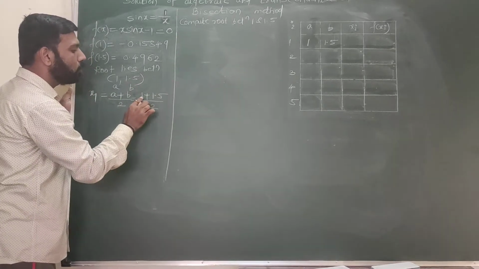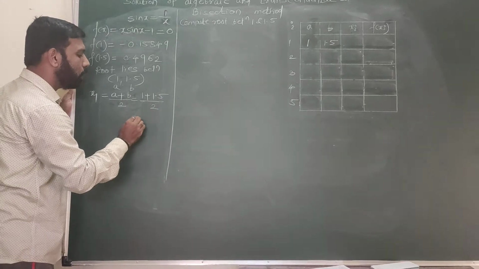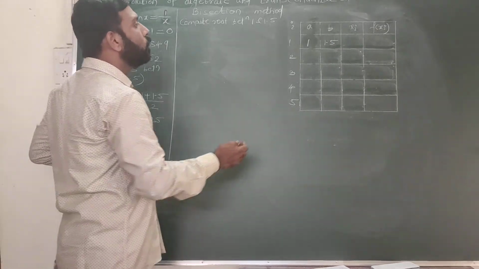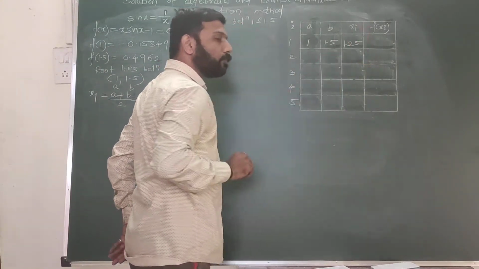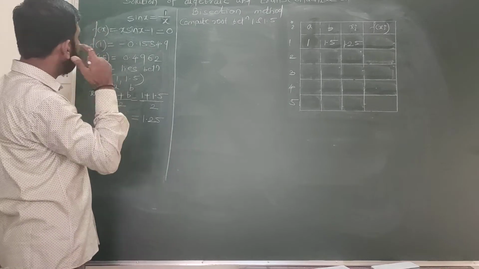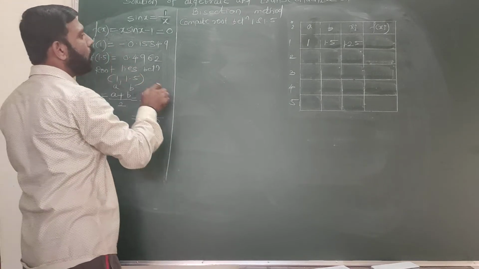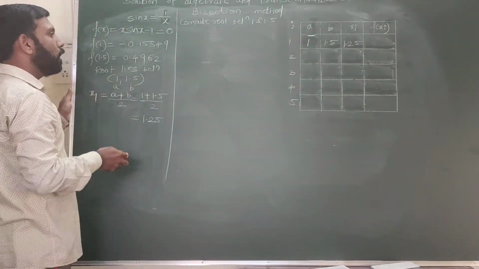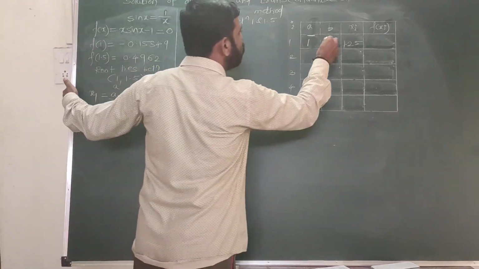From the table, we substitute the a value and b value, a plus b upon 2, and the output is 1.25. We give the symbol minus for f of 1 at the top, and f of 1.5 has a positive symbol.